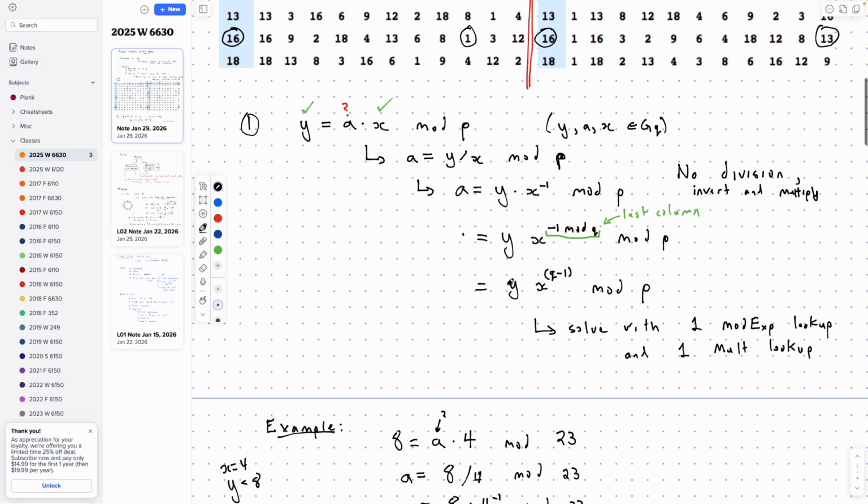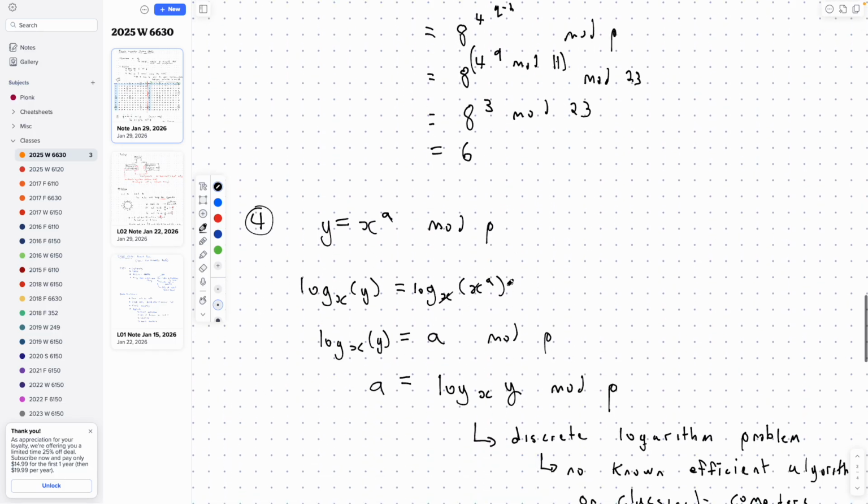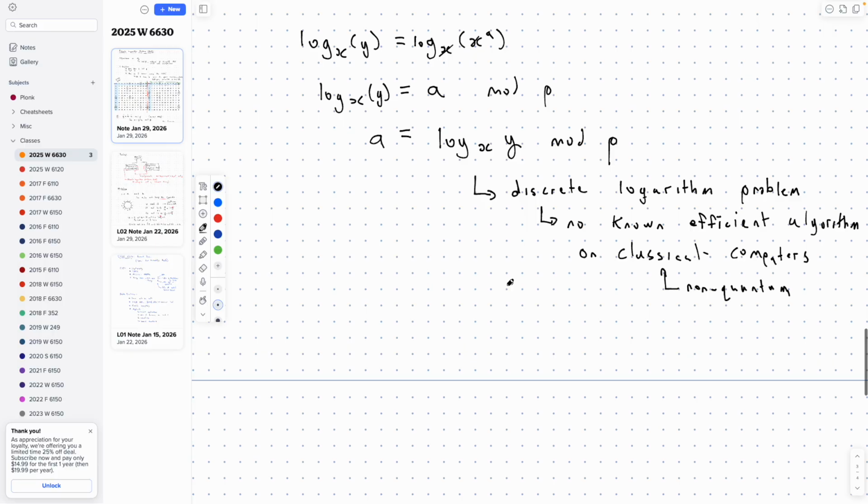I'll show you the basis of one that we'll see when we talk about something called commitments, and I'll show you how you can use commitments to solve the discrete logarithm problem in faster time than just scanning across a row. The problem is that you still have to scan across the root of a row, which is still going to be way too big of a number.